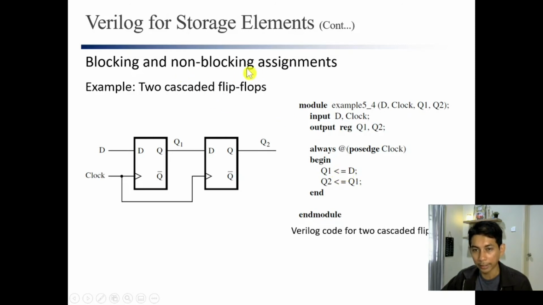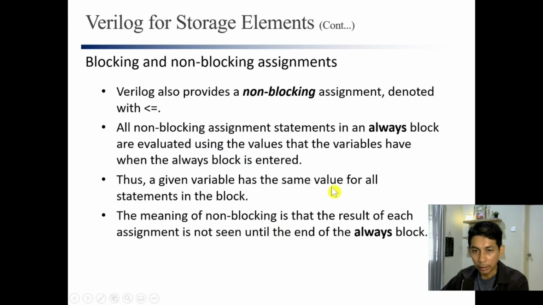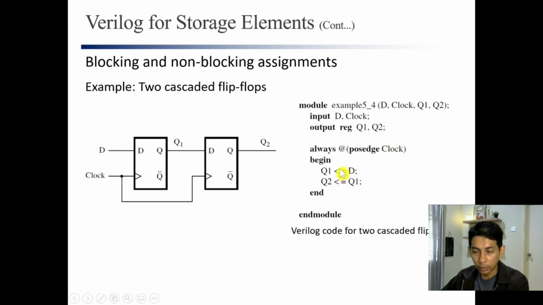Same code, the only thing is you change this to this, and then you will get this one, because when you use non-blocking assignment, the Verilog compiler will evaluate the statements inside the always block separately, one by one, not in sequence. So Q1 is D and Q2 is Q1, and then you will get this circuit.